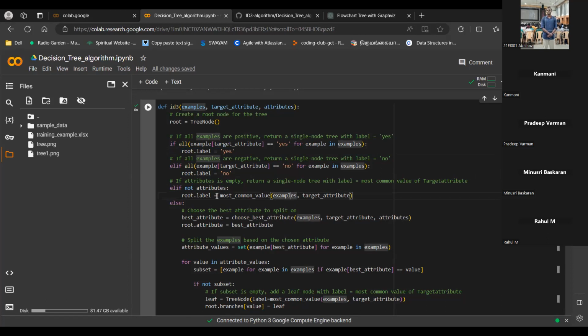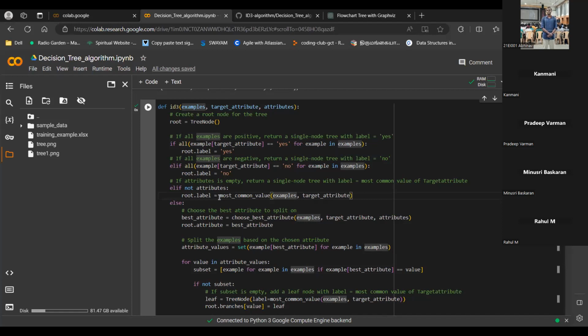Okay, let me understand. So this is a case where you go down a branch, you've used all your attributes, but you're still not at a case where your classifications are pure, in the sense you still have a mix of yeses and nos, correct? So there's some yes, some no, and no more attributes for you to split. What do you do? It looks like we've hit a roadblock.